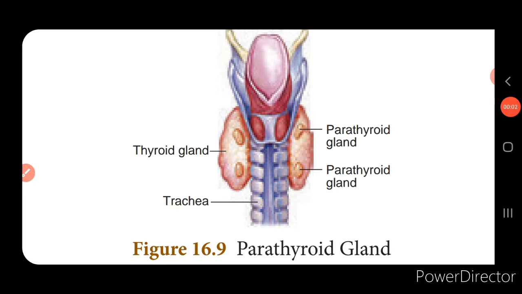Now, if you see the dysfunctions of the parathyroid gland, this leads to the disease which is called tetany. Now, why is there a decrease in the secretion of the parathyroid gland? Sometimes the parathyroid gland is removed along with the removal of the thyroid gland in some cases.